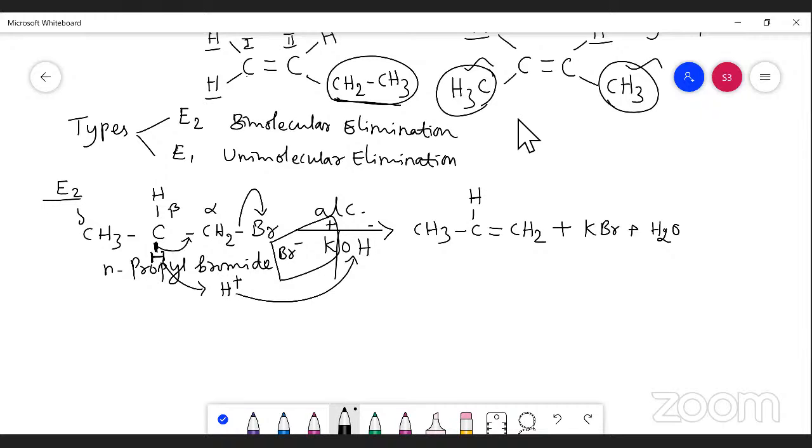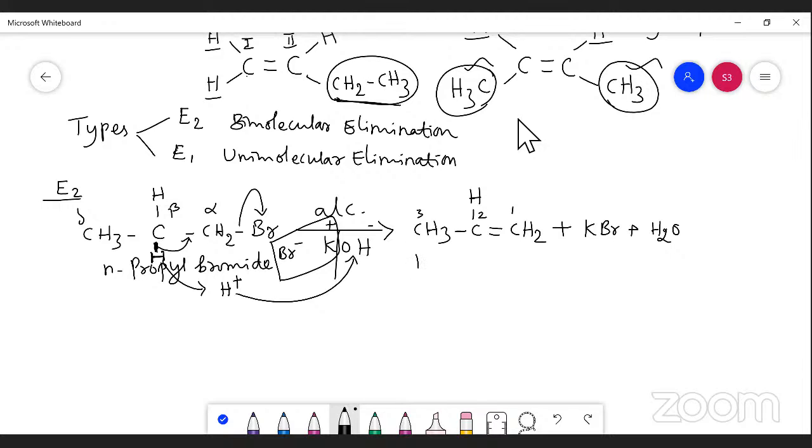Okay. Now, whenever you do the E2 elimination reaction, you are getting a product. We started the reaction with 3 carbons, so we should give a name to the product. The double bond is located from the first carbon, the second carbon, the third carbon.